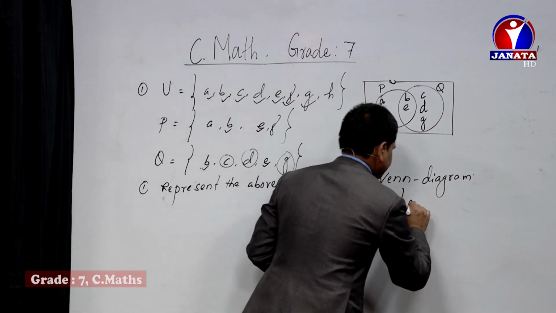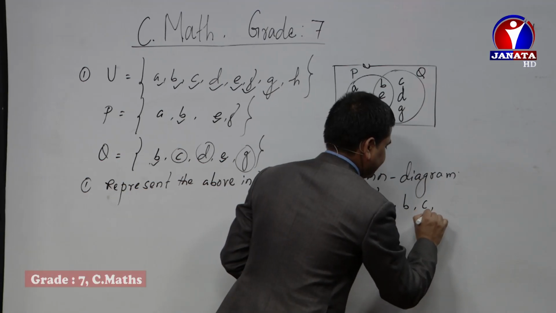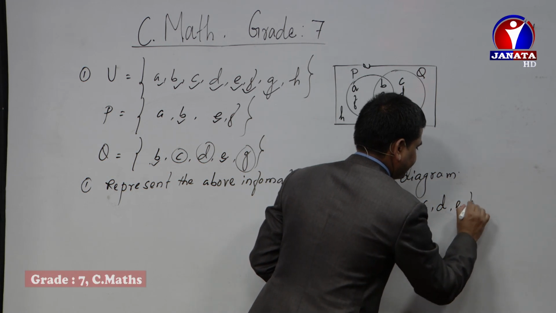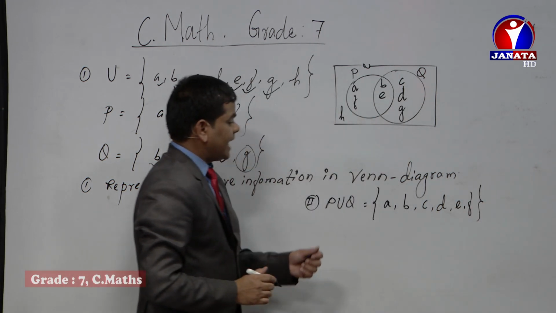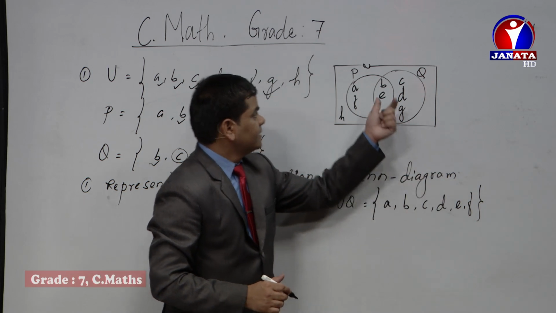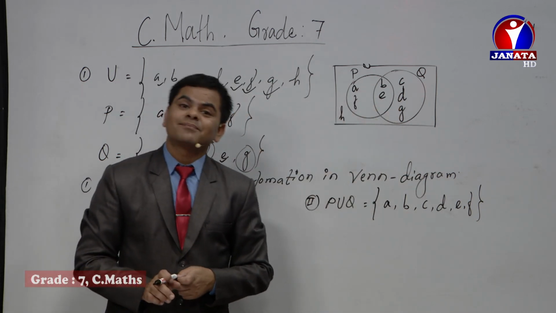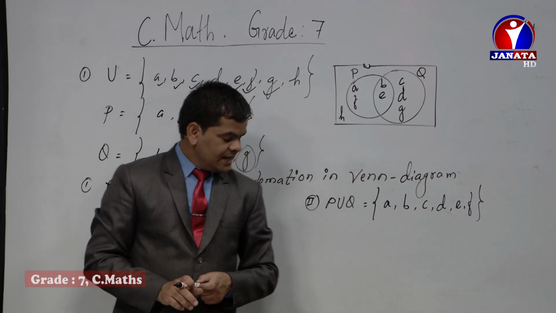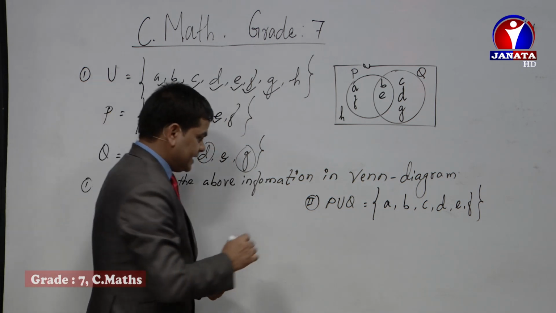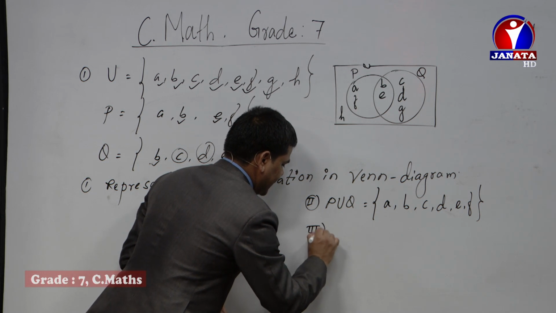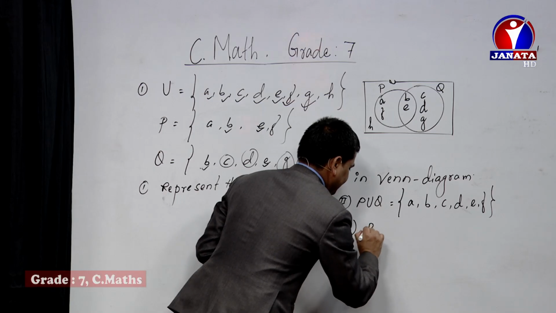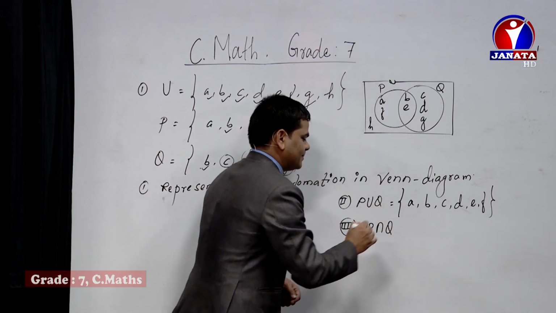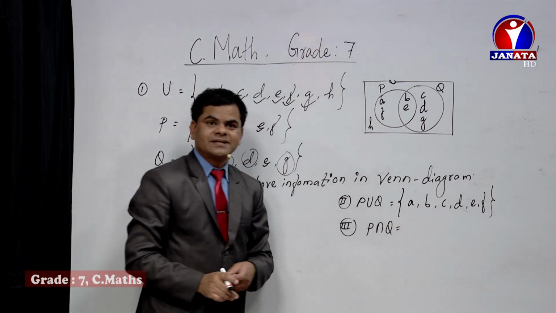So I'm going to write here A, B, C, D, E, F, G, because from A to G, those elements are combined in the place of union, P union Q. Now similarly, dear students, if we have to find another, P intersection Q, what do you mean by this? You have understood, isn't it?